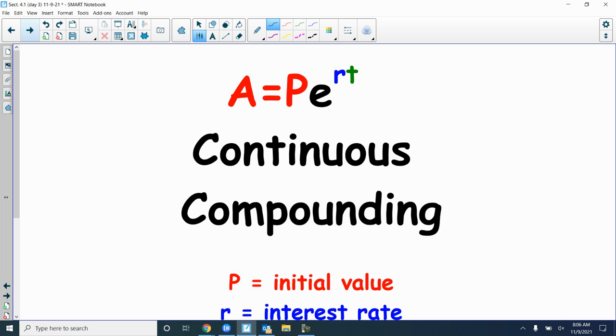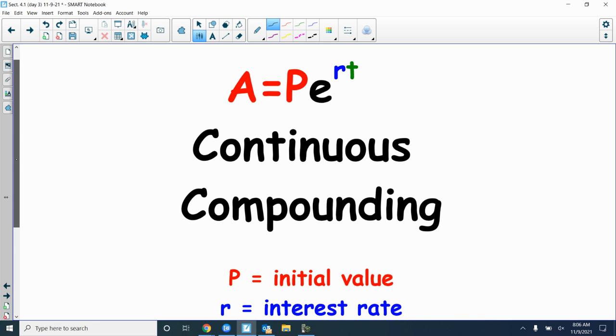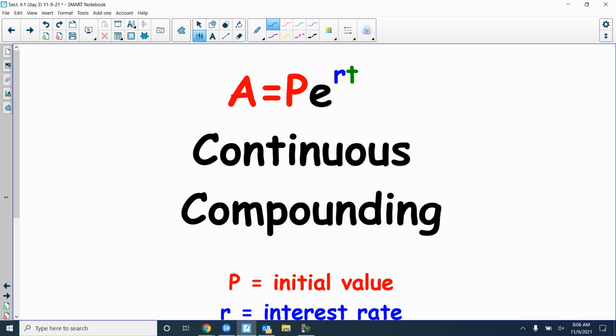So we got all the way to that limit. This results in what we call continuous compounding. This is your formula: A equals P times e, which is that number, to the rt power. PERT, if you look at it that way. It used to be, I think it's still out there, a shampoo.